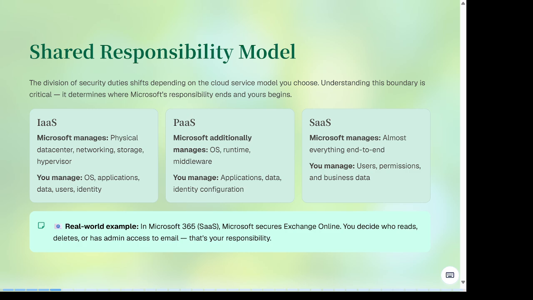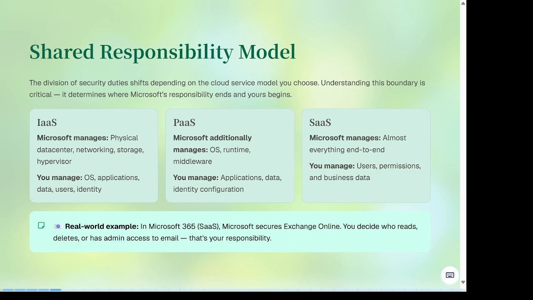Platform as a service, PaaS. Here, Microsoft takes on even more responsibility. In addition to the infrastructure, Microsoft also manages the operating system, runtime environment, and middleware. That means you don't have to worry about OS updates or server maintenance.